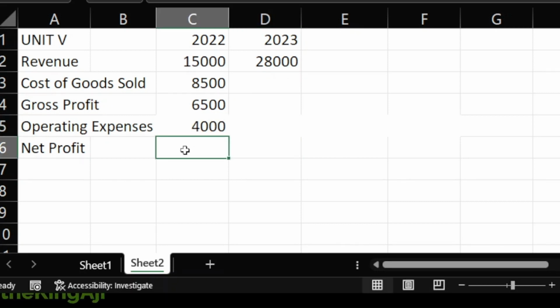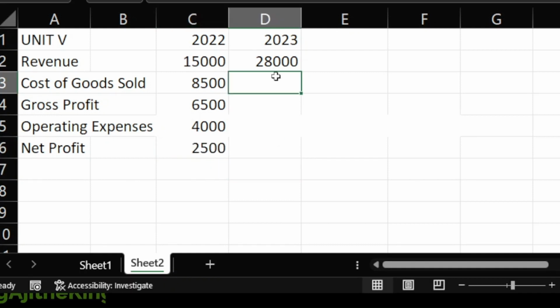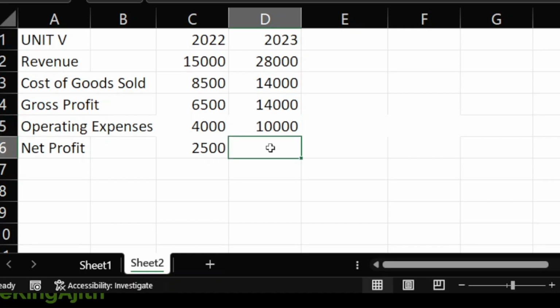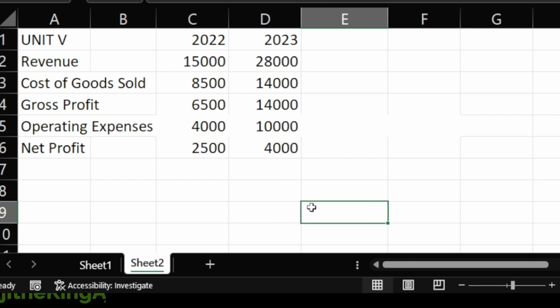Thereby, we will get a net profit of 2,500. In the same way, in 2023, revenues are 28,000 and cost of goods sold is 14,000. So we will get a gross profit of 14,000. From this, operating expenses are 10,000. By deducting, we will get a net profit of 4,000.